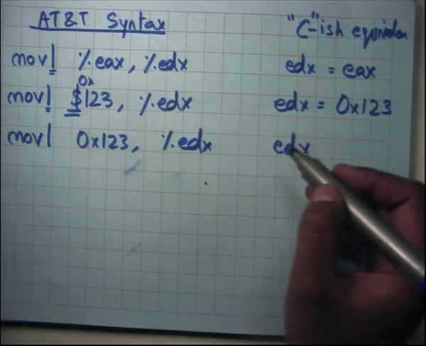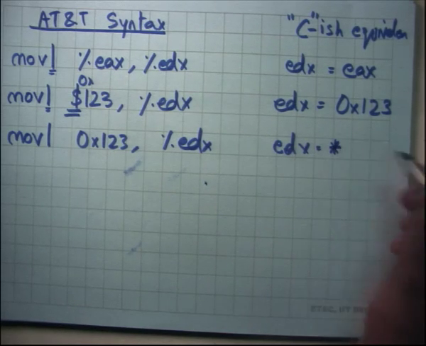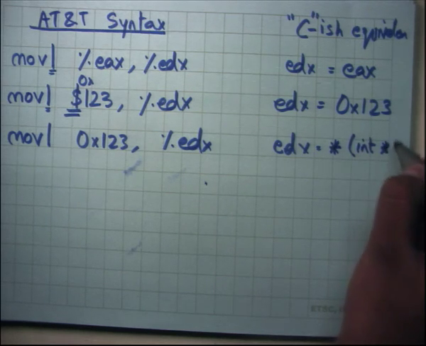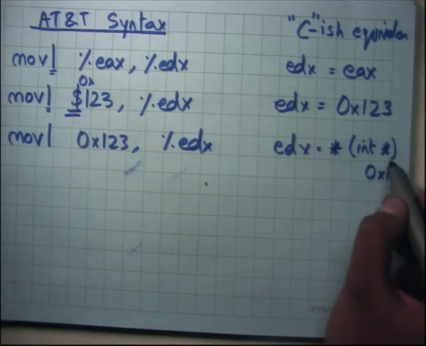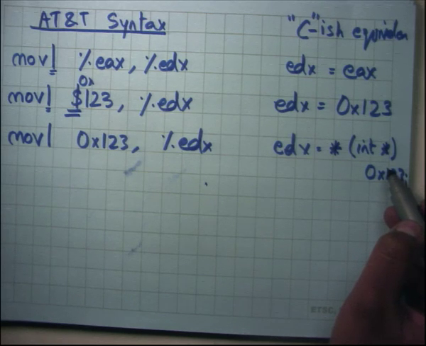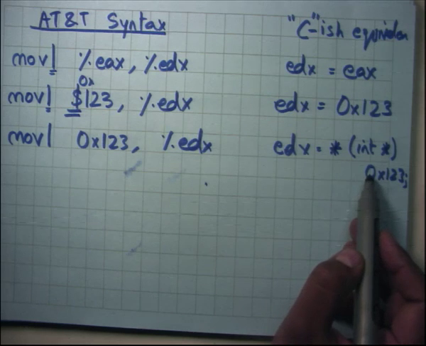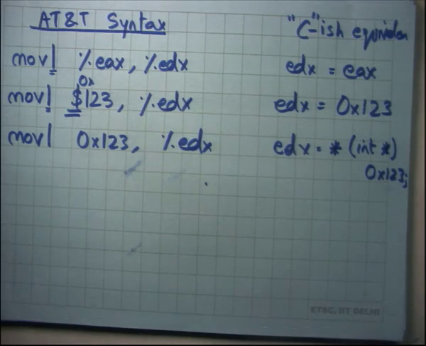So it's basically saying EDX is equal to the dereference of 123: first typecast 123 as a pointer that points to a 32-bit value, because it's a 32-bit instruction, and then dereference that pointer, and whatever result you get, put it in EDX, right? Just dereferencing 123.